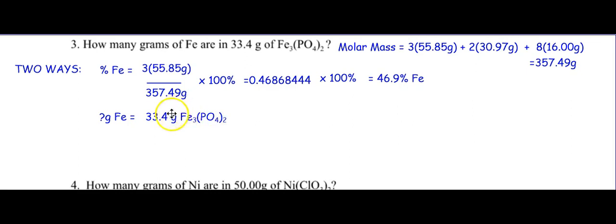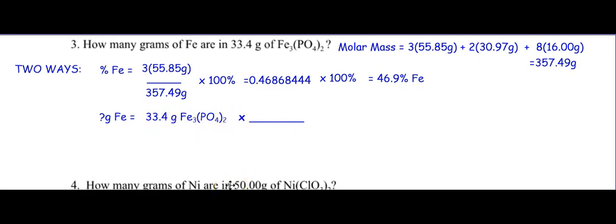I'm writing out the entire formula, all right? You've heard this from me before. One of my favorite phrases is, don't be lazy, write it all out, okay? Don't take shortcuts here. This is what factor labeling is all about. So I need the grams of the entire thing, okay? And guess what's going to go on the bottom? Grams of iron 2 phosphate, okay?